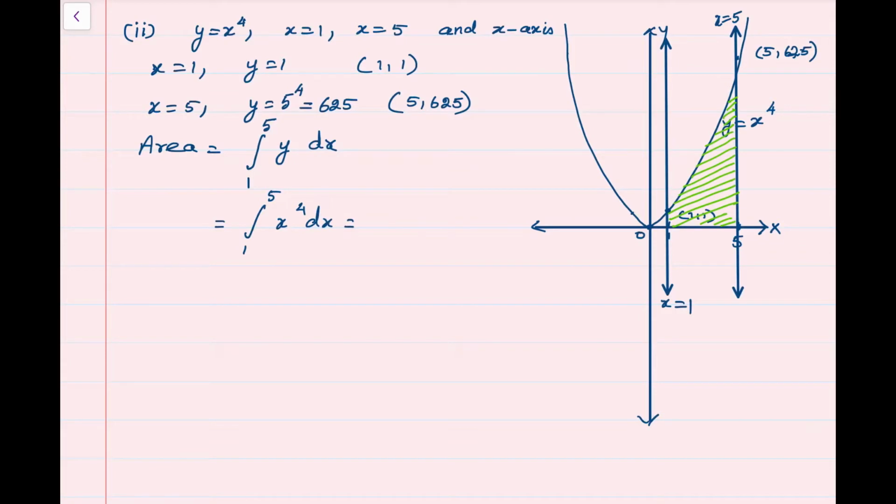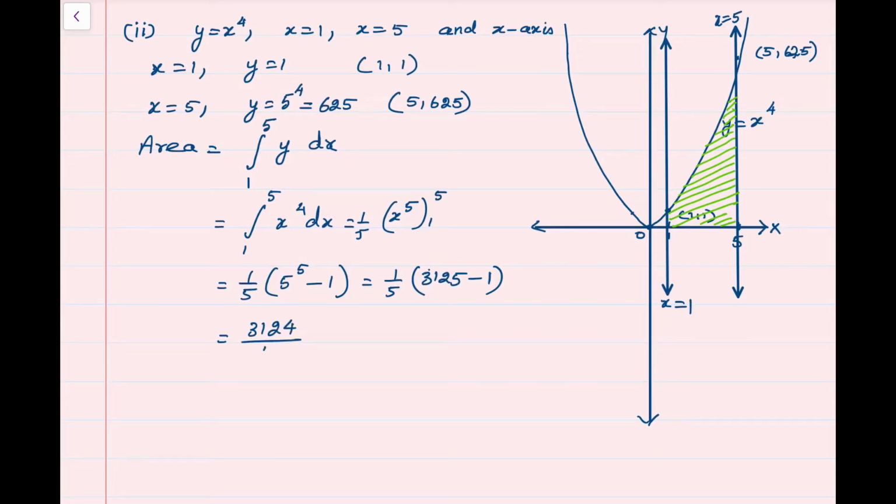An integral of x power 4 is x raised to 5 divided by 5 and the limits are 1 to 5. 1 by 5 times 5 raised to 5 minus 1 raised to 5. 5 raised to 5 is 625 times 5, that is 3125 minus 1, which is 3124 divided by 5, 624.8 square units.